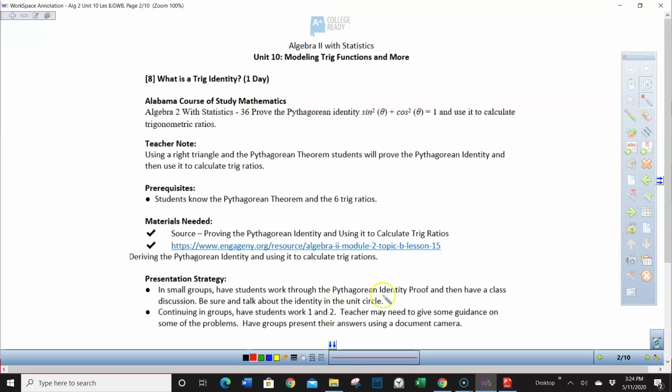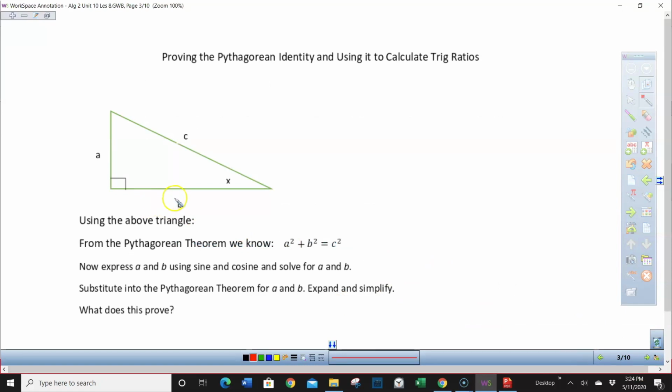and presentation strategies. So we have this right triangle, and we know the Pythagorean theorem is a squared plus b squared equals c squared. Now, we're going to express a and b using sine and cosine. So we're going to have sine of x equals, here's x, so opposite over hypotenuse would be a over c.